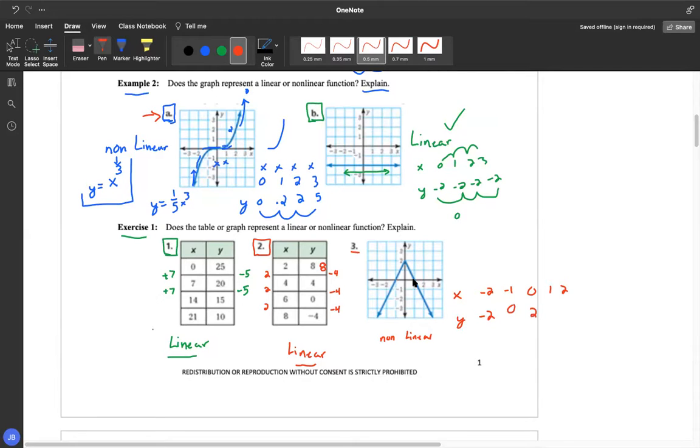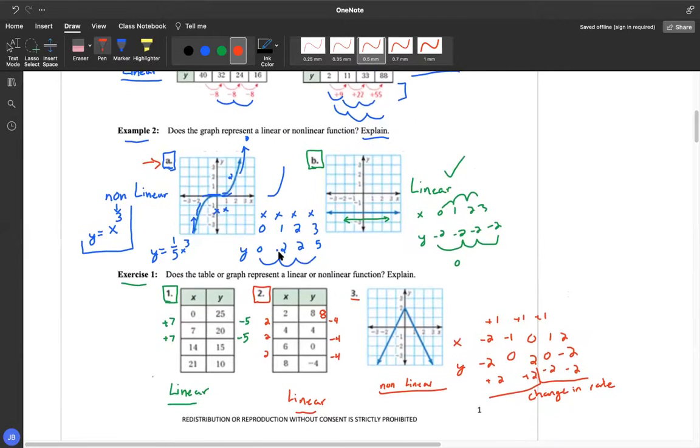Then 2 here, then 1 is 0, and 2 is -2. So our x is going up 1, and our y starts off at +2, and then switches to a -2. So right here, we have a change in our rate. So it's not constant, which means it's not linear. Good job, Alina. Any questions on these so far?